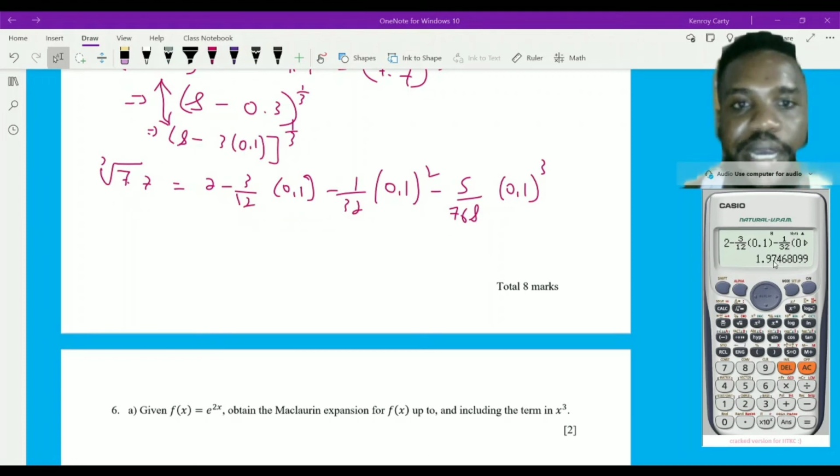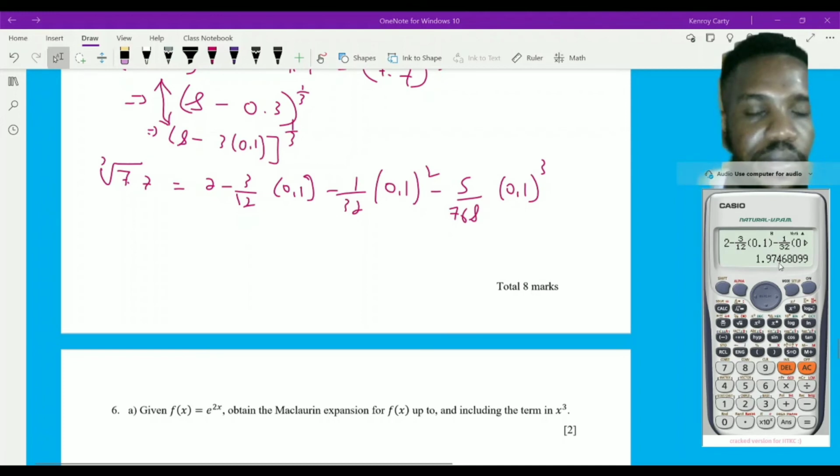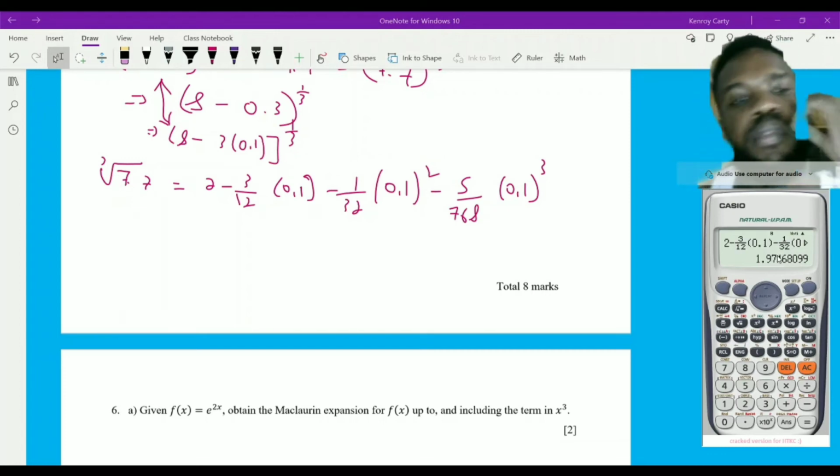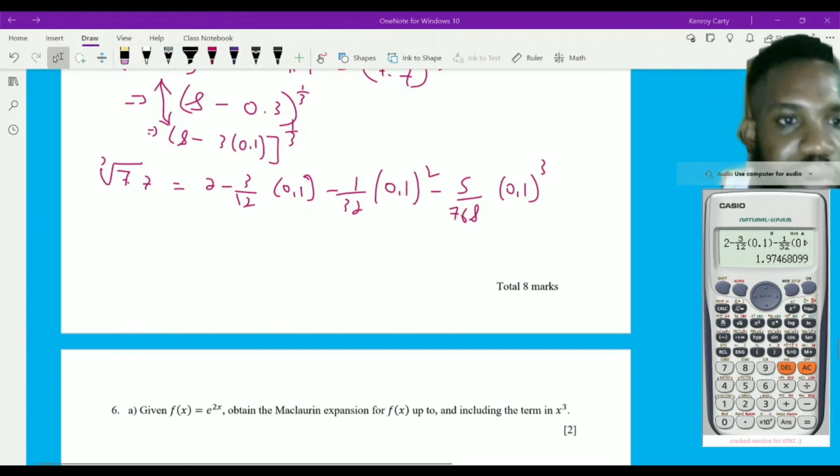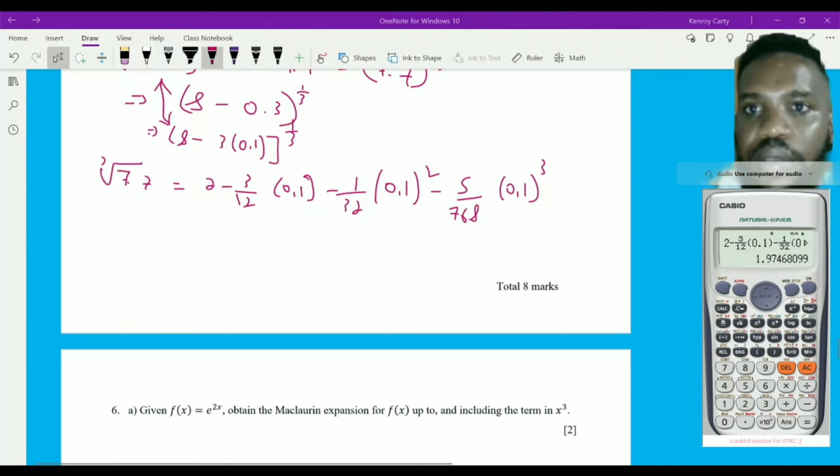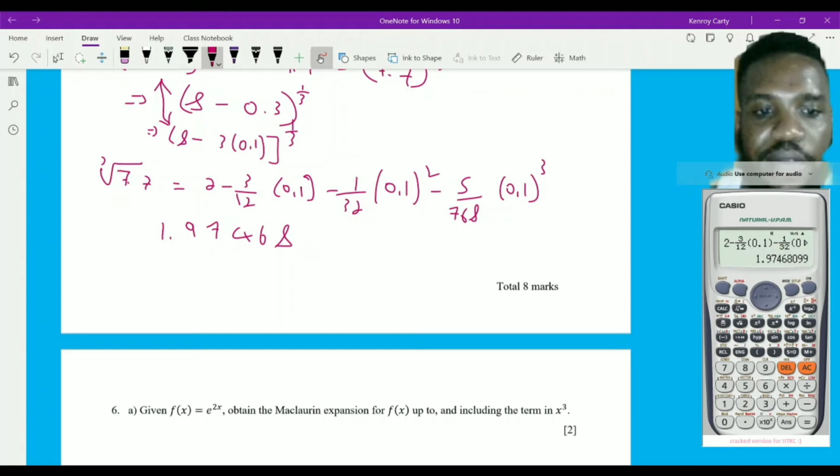That's 1.97. So it's 1.97468. So 1.97468, and then we have 0.990, 1, 2, 3, 4, 5, 6.